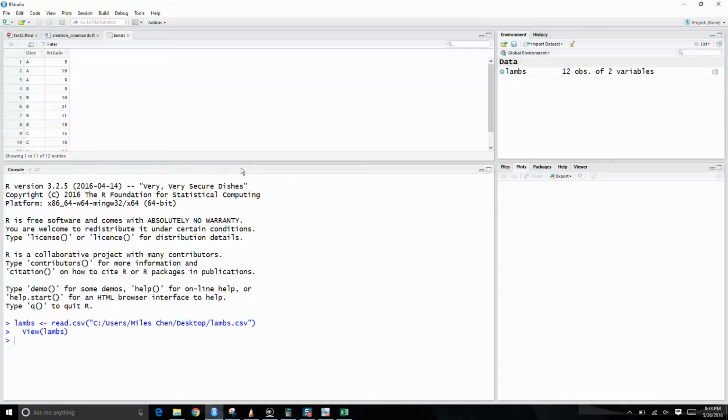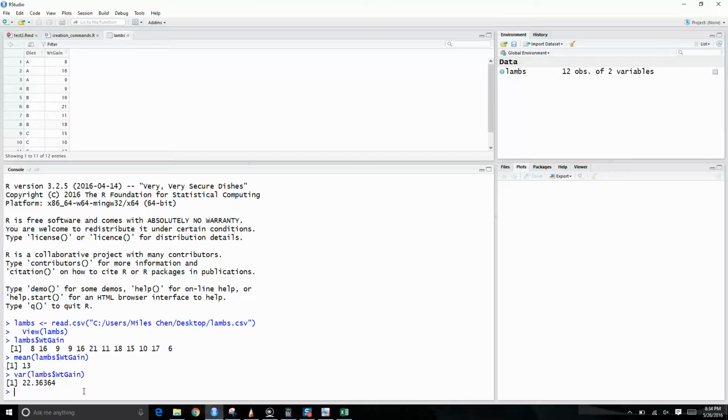And so we can just say, if I ask for lambs$weight gain, we have this, and we can say, what is the mean of lambs$weight gain? And it says that the mean is that, and if I ask for the variance, it says something like that, okay?